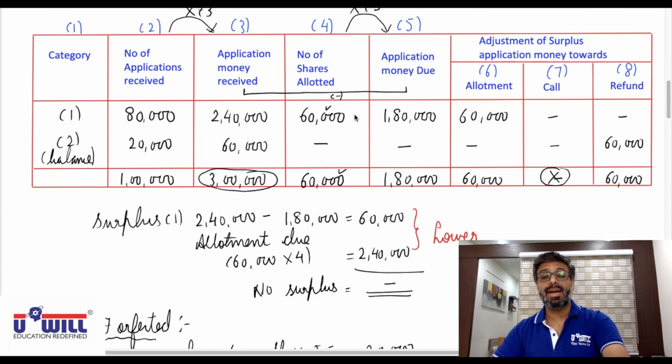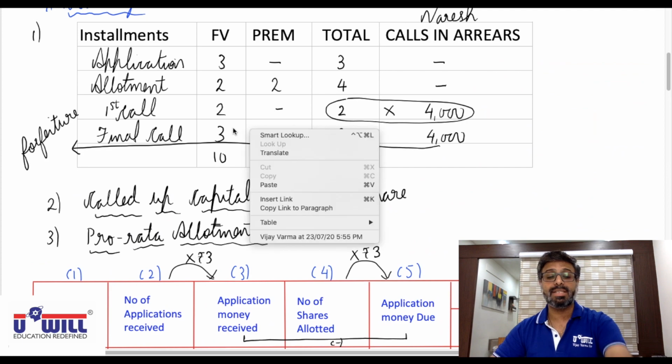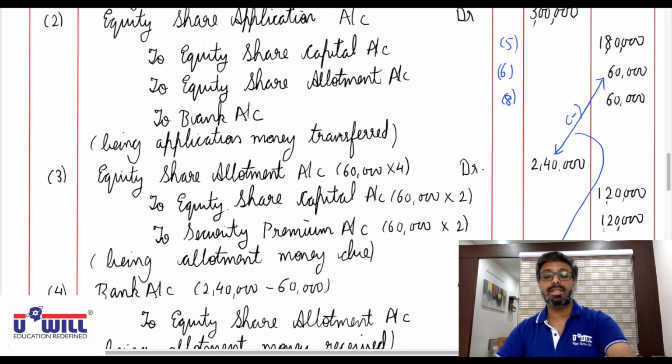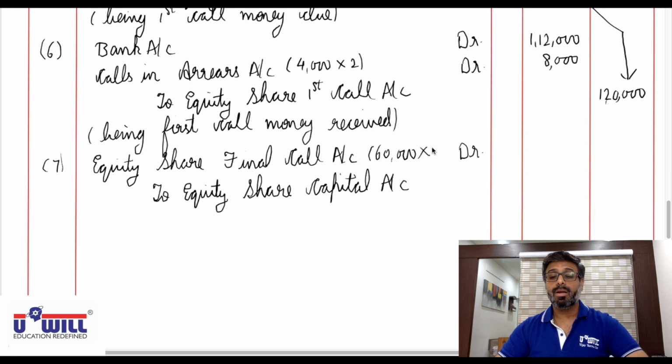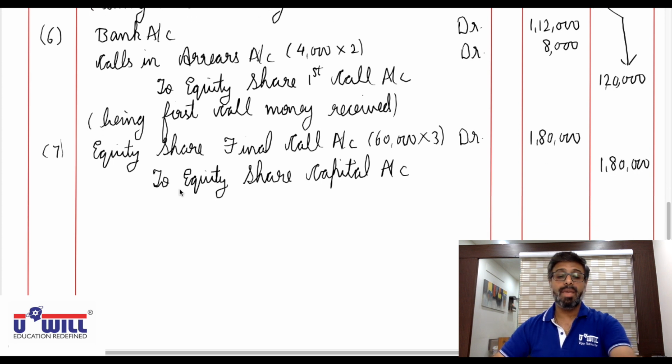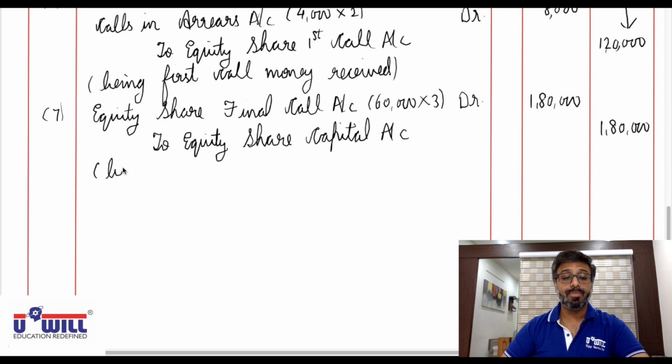And how much is final call money? Check it everyone. 3 rupees is final call money now. So 60,000 into 3, 1,80,000. Being final call money due.